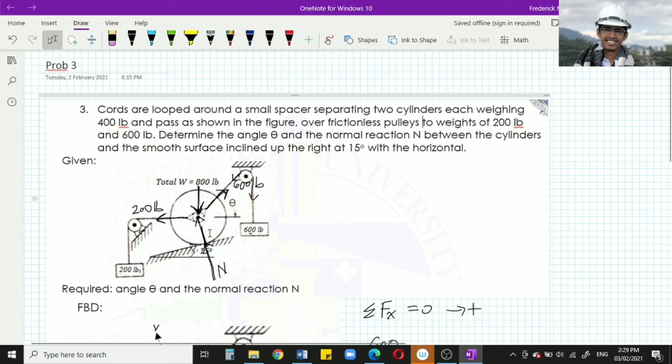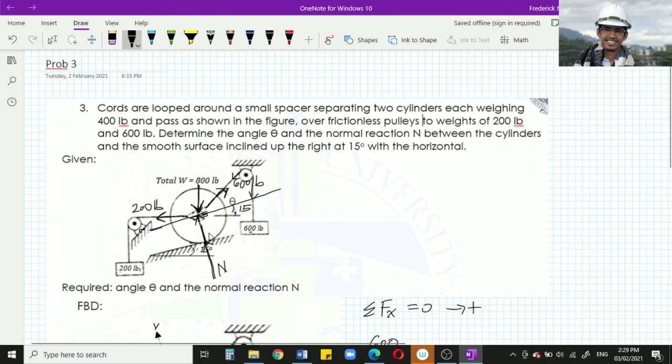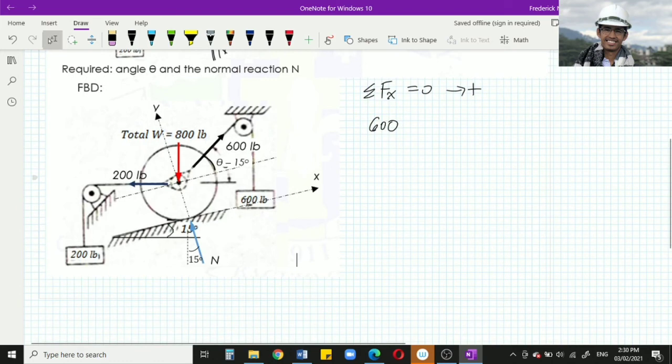Okay, so kapag nagguhit tayo ng parallel through dito sa ating cylinder, ito is 15 degrees din. So same siya dito, 15 degrees din. So therefore, itong natitirang angle natin will be theta minus 15 degrees.